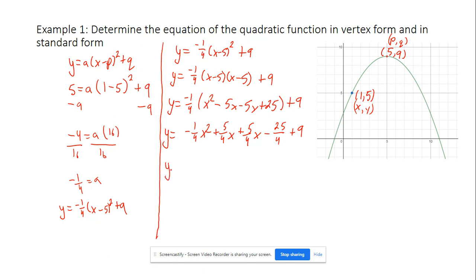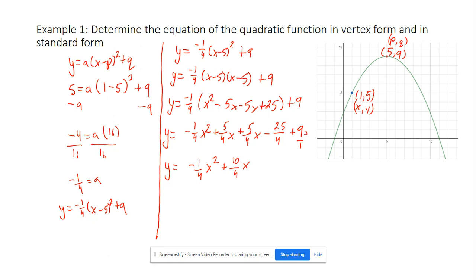A bit of fractions over here, but that's all right. So we got y equals negative 1/4 x squared. 5/4 plus 5/4 is 10/4. We'll simplify that in a second. And if I want to add this and this, I need a common denominator.